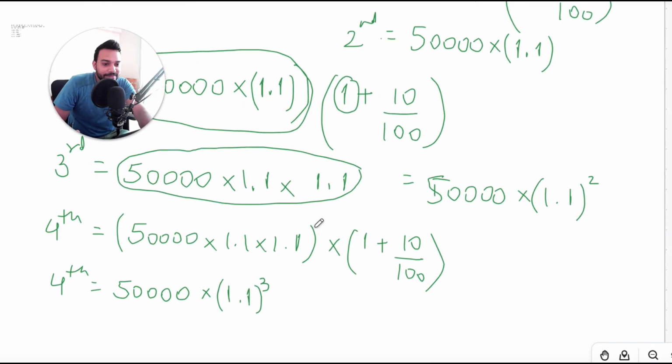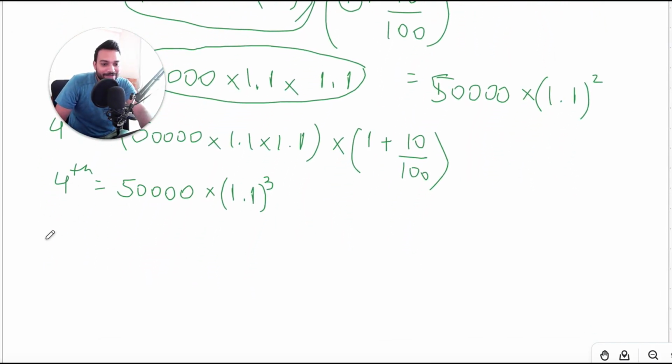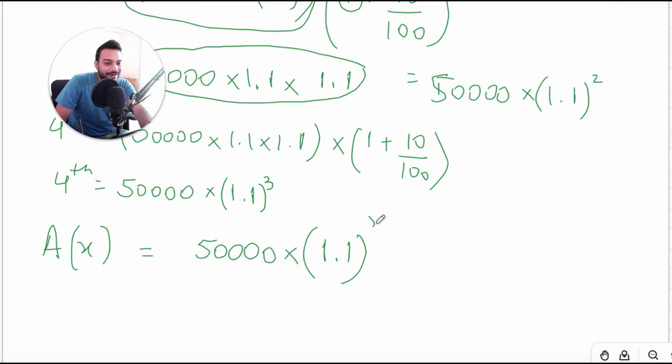Okay, so the function we're getting for the amount after X years is going to be 50,000, the initial value, times 1.1, the base of the multiplication factor, raised to X minus 1.